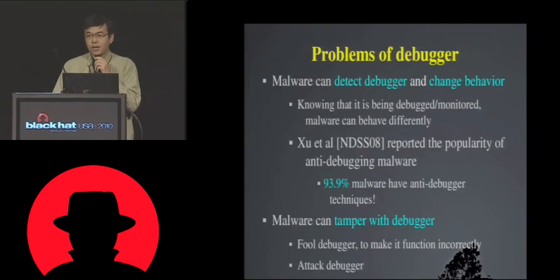However, the debugger has a problem in the context of malware analysis, because malware can detect the debugger and change its behavior. When malware is being debugged or monitored, it changes its behavior, for example, to stop the execution or to act as normal.